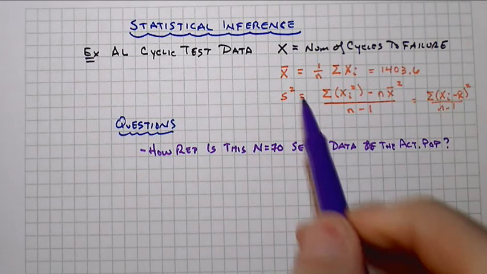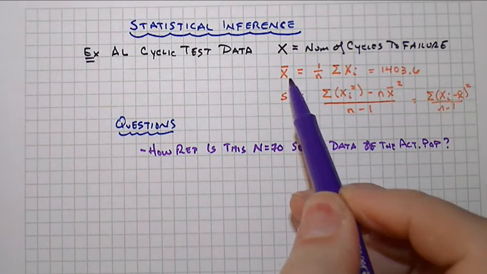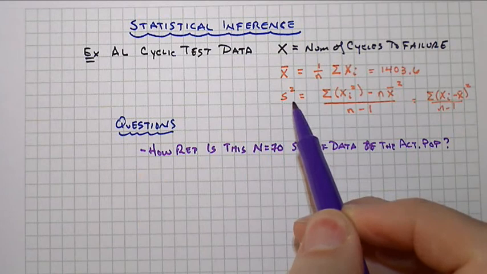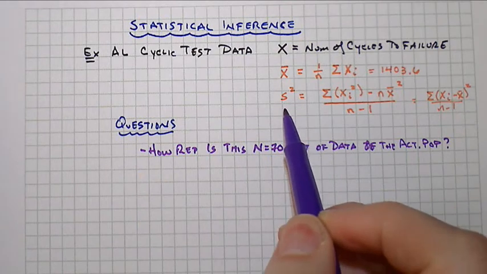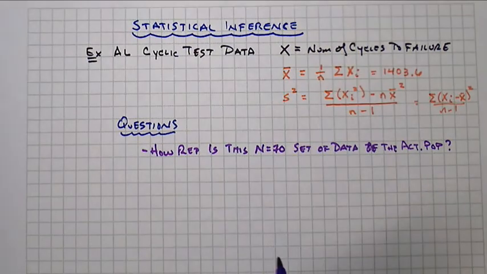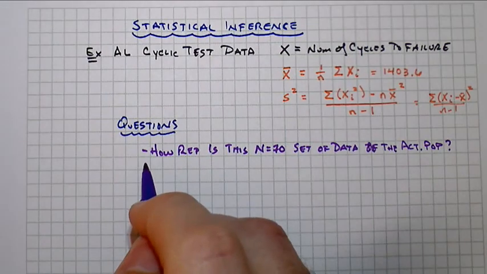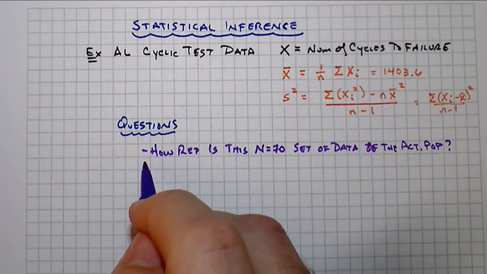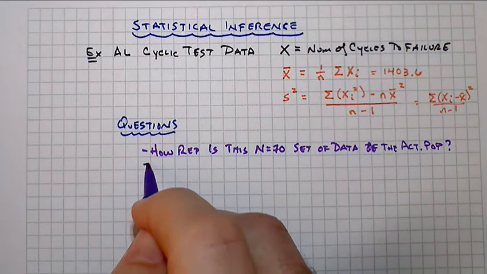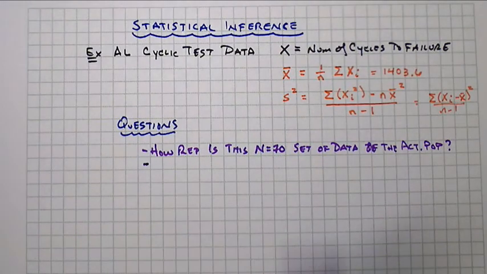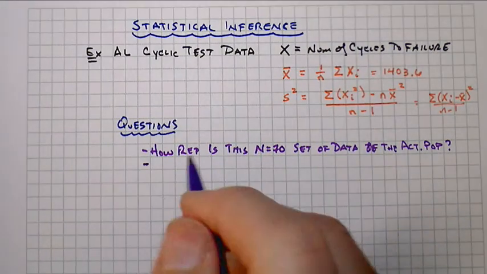We developed a whole bunch of descriptive statistics, not only here of sample means and sample variance, but also the histograms, the cumulative functions. We might have looked at probability paper, all of it to give us some sort of hint about what that data looked like, but is it representative of the actual population?